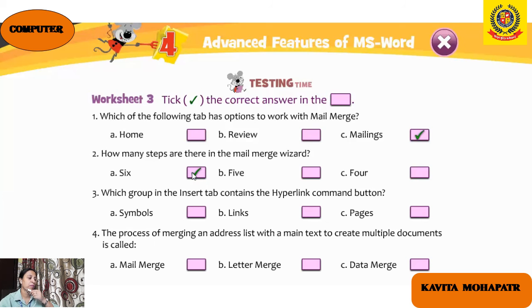So again I am repeating, which of the following tab has options to work with mail merge? That is mailings. How many steps are there in mail merge wizard? 6. Which group in the insert tab contains the hyperlink command? That is links. The process of merging an address list with a main text to create multiple documents is called mail merge.